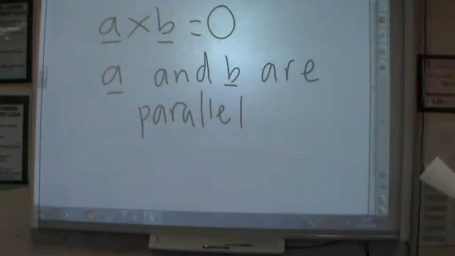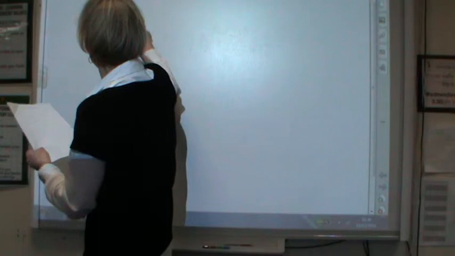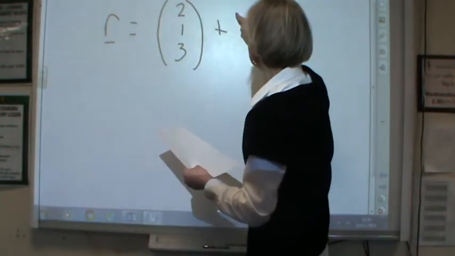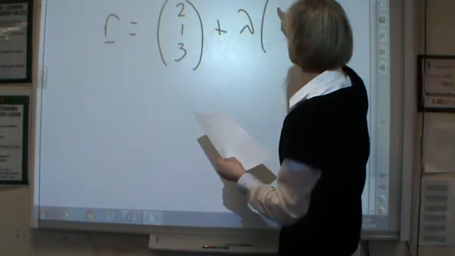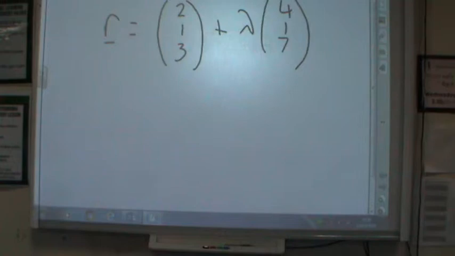So if I gave you a vector equation of a line, and you're used to these from Pure Core 1, what we've got here is a vector equation of a line. You've got position vector (2, 1, 3), and direction vector (4, 1, 7), and your parameter is lambda.